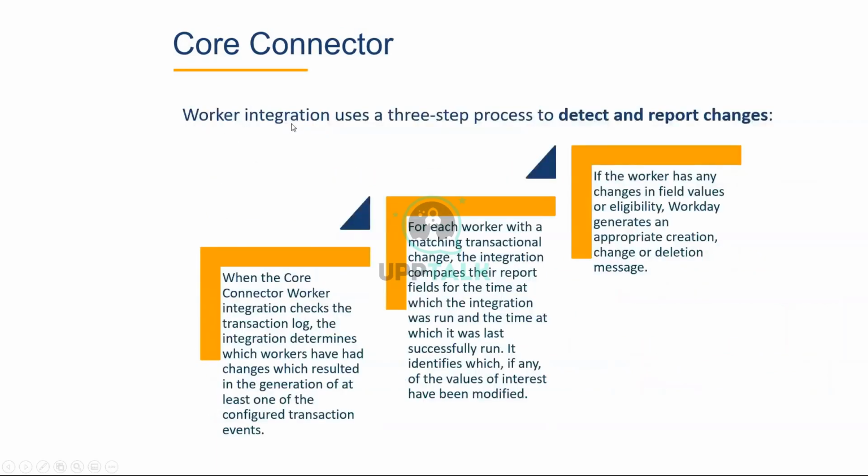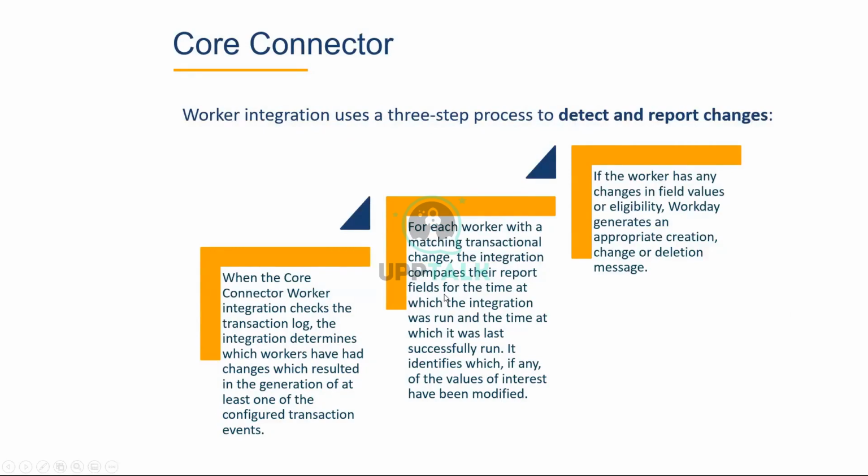Worker integration uses 3 steps to detect and report changes. When the core connector worker integration checks the transaction log, the integration determines which workers have had changes which resulted in the generation of at least one of the configured transaction events for each worker with a matching transaction or change.